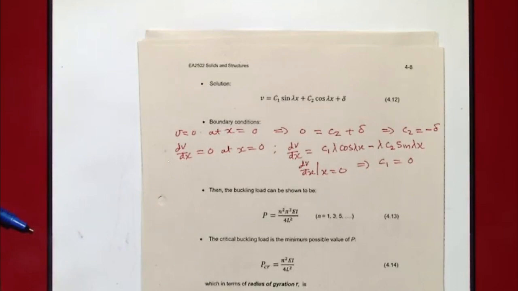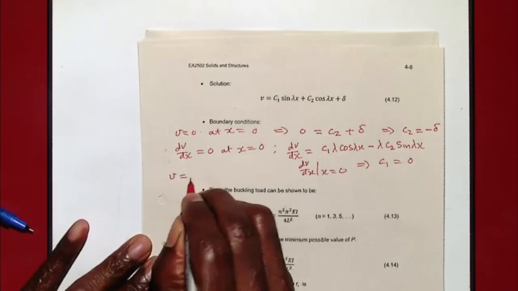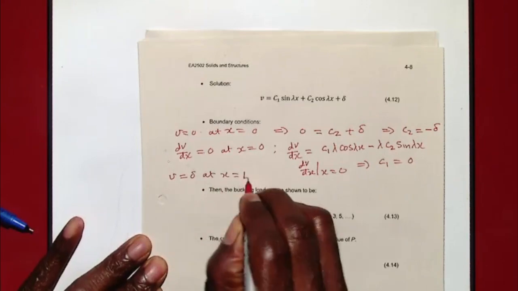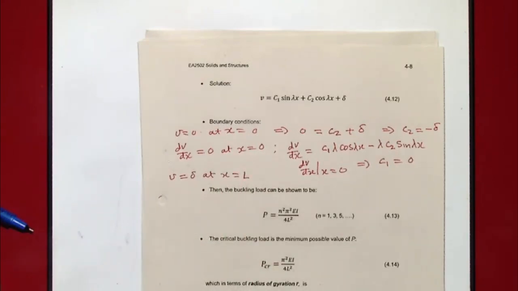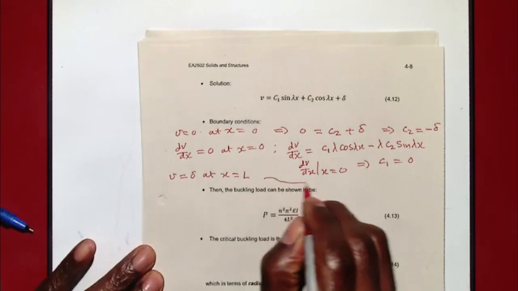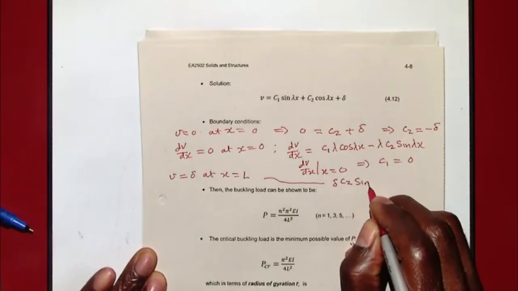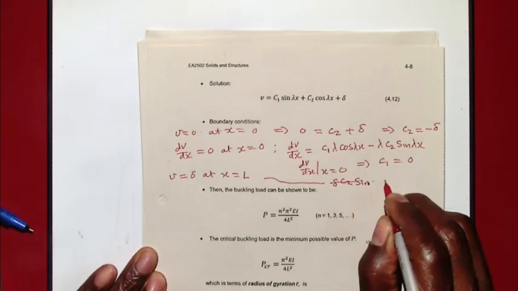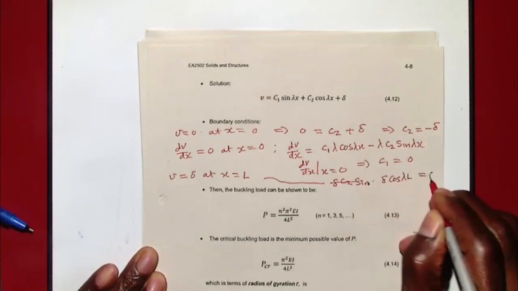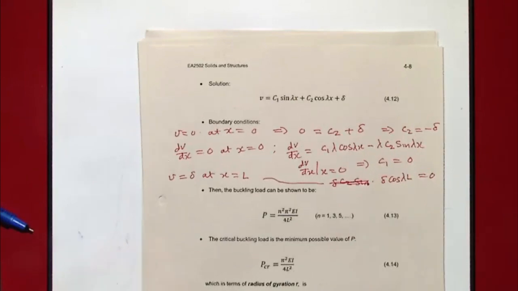And then I go to the last boundary condition, which is v equals delta at x equals L. Now that we know that C2 equals minus delta and C1 equals 0, what you will get is delta cosine lambda L equals 0.